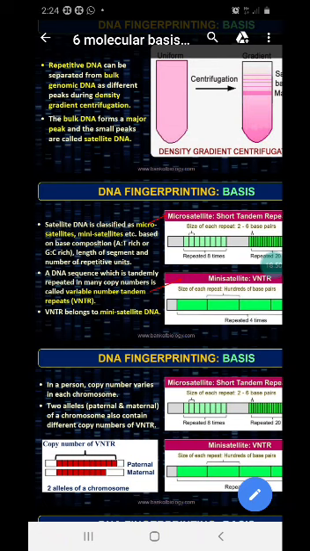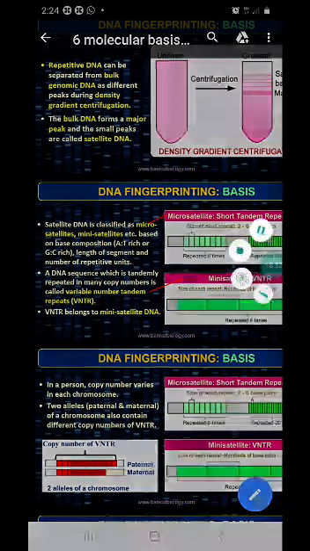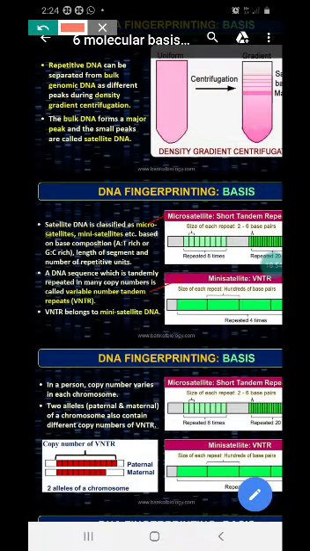A DNA sequence which is randomly repeated in many copy numbers is called VNTR. What is VNTR? Variable number tandem repeats. So these repeated sequences are also called VNTR, and VNTR belongs to this mini satellite DNA.